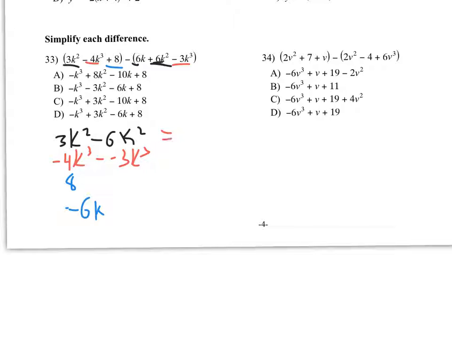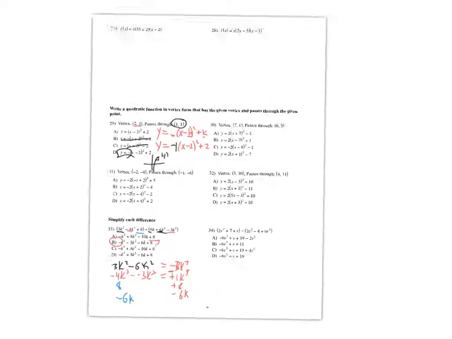So that gives us negative 3k squared. Negative 4 minus negative 3 is going to be plus 1k to the third, and then plus an 8 and a minus 6k. So it should be a minus k to the third. This one, and that is our winner. It has all of those pieces.